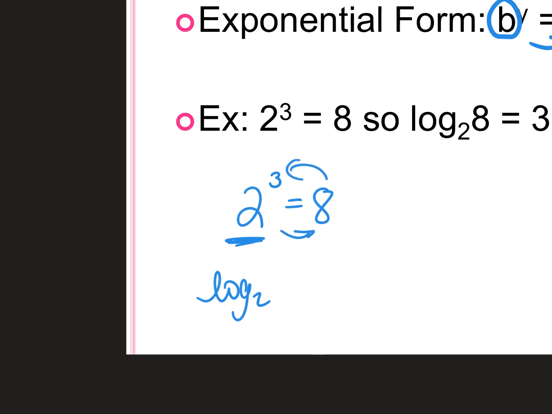They do what? They switch spots. So this becomes here and this becomes here. What this question is saying here, log base 2 of 8 equals 3. It's saying, how many times do I multiply this little number by itself to give me that one? That's what it's saying.